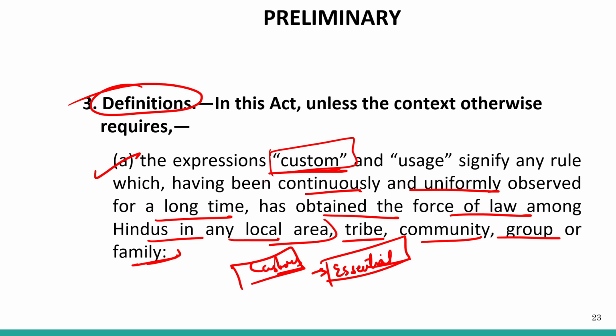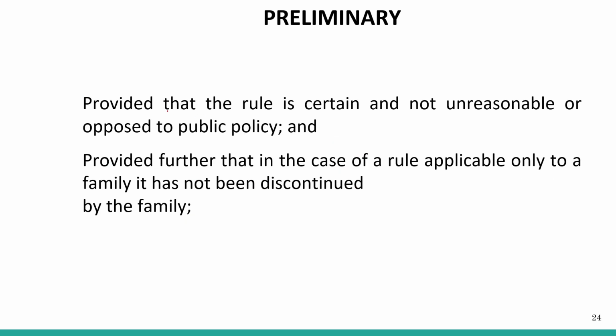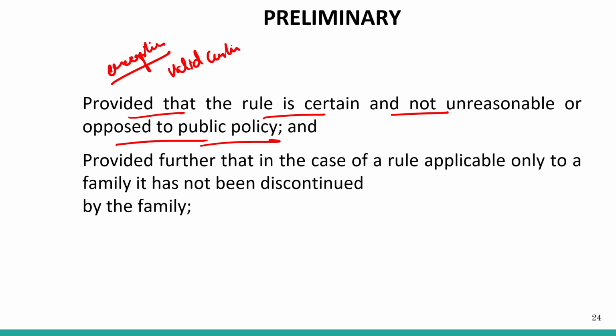So custom is the same definition that we have already studied. And provided that the rule is certain, not unreasonable, and not opposed to public policy. So this is an exception: a custom shall not be considered a valid custom if it is opposed to public policy.